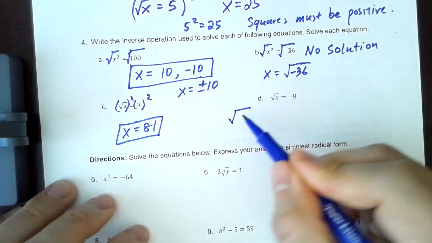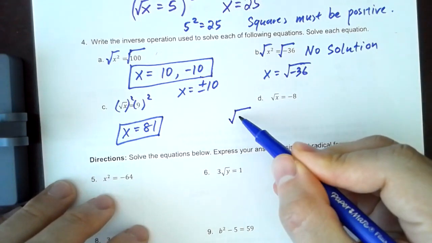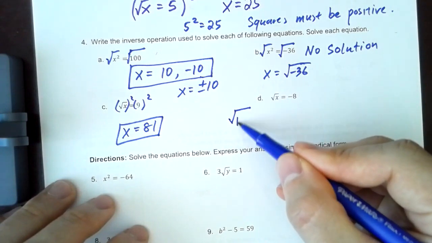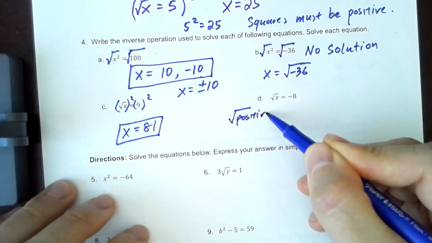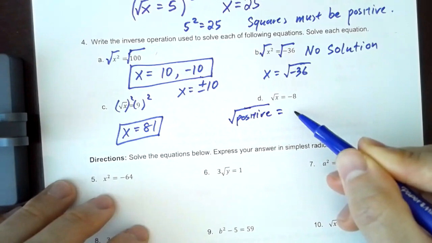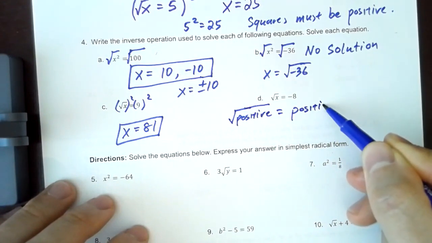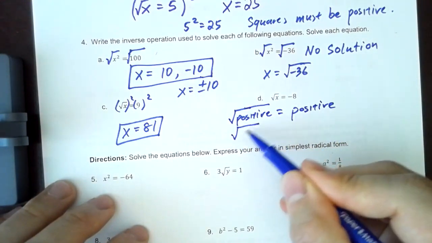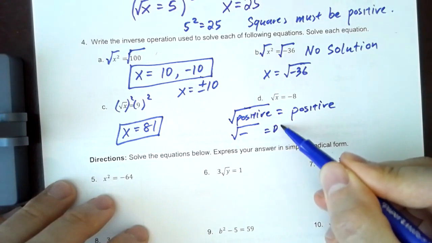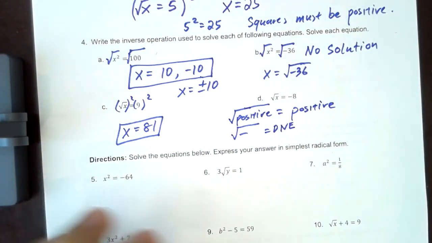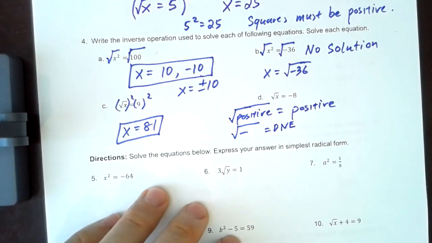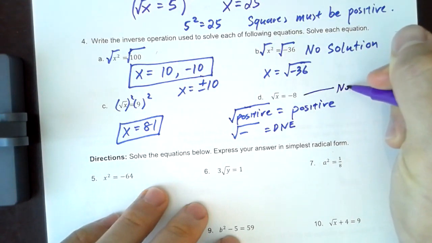So we know that you can't square root negative numbers. So if you can only square root positive numbers, the square root of a positive number should always equal a positive number, right? The square root of a negative number does not exist. So there's no way that the output should ever be negative. This is also no solution.